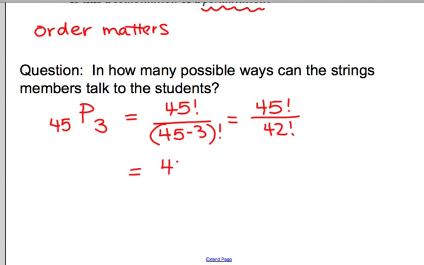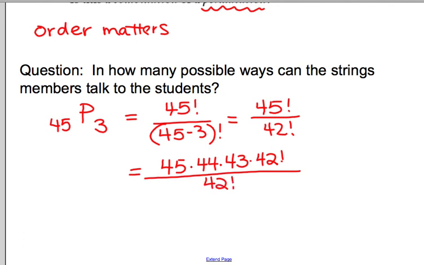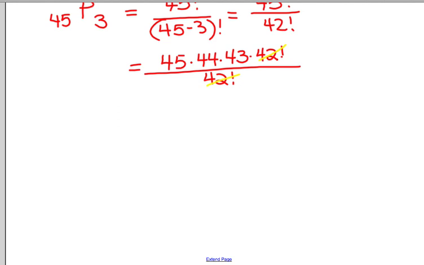Simplify this again. So I'm going to break down 45 factorial to 44, 43, 42 factorial, and I'm going to stop because I know I have a 42 factorial in the denominator. So these two cancel out. Now I'm going to go ahead and multiply 45 times 44 times 43. There are 85,140 different ways for the members to go out and talk to the 3 different schools.